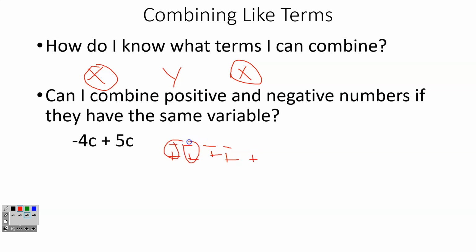We have 0 pairs, and I'm left with 1 positive. So my answer would be 1C. You could say either 1C or just C, and that would be okay too. So it is possible, if they have a variable in common, even if one's positive and one's negative, to combine them.